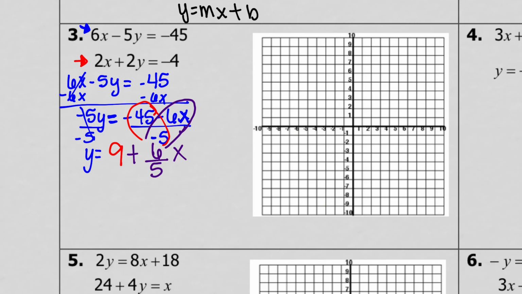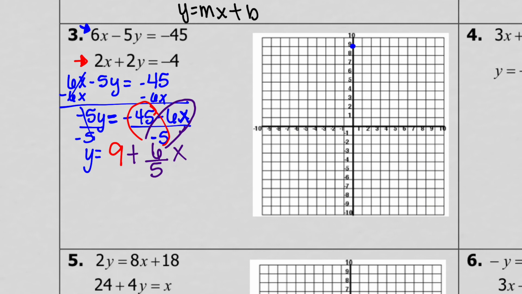What's my y-intercept? 9. What is my slope? Six over 5.